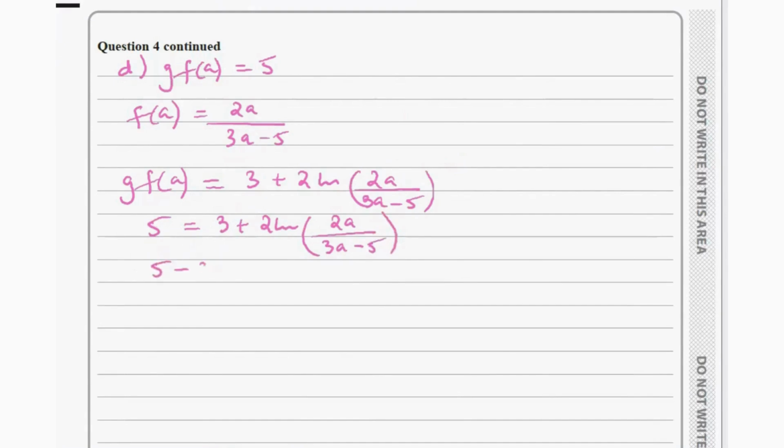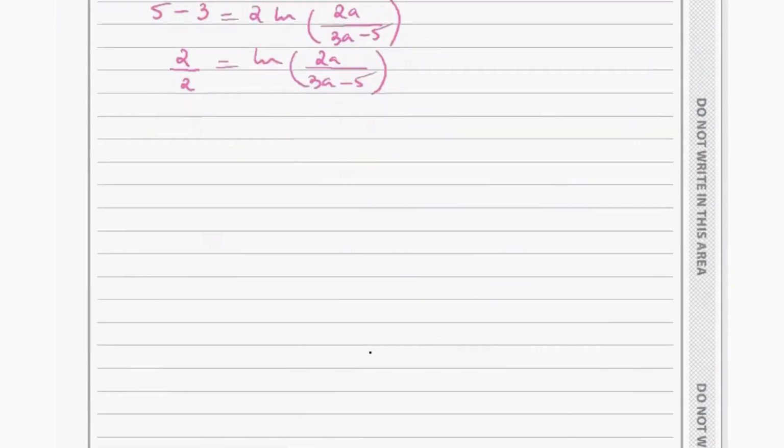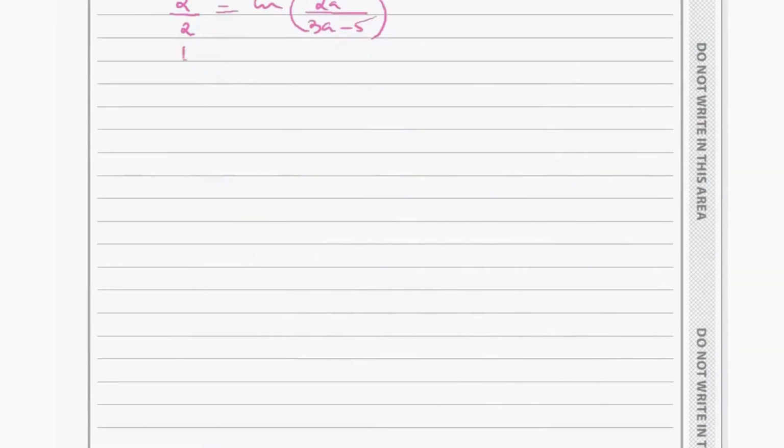That's 5 minus 3 equals 2 ln of 2a over 3a minus 5. 2 over 2 equals ln of 2a over 3a minus 5. So that's 1. And then we replace ln with e on the other side. So it's e to the power of 1 equals 2a over 3a minus 5.